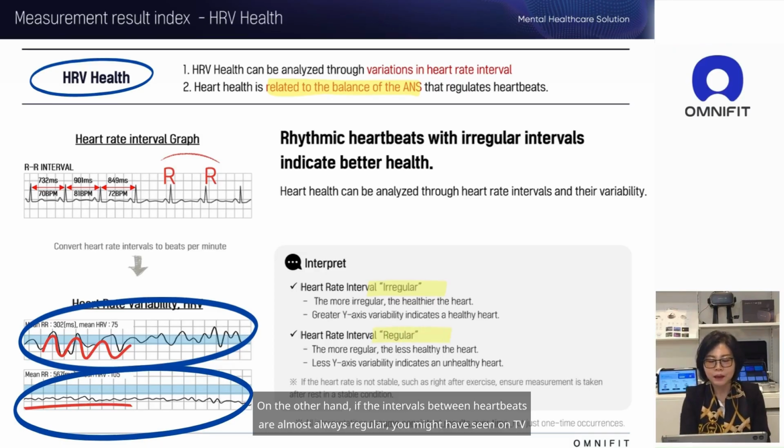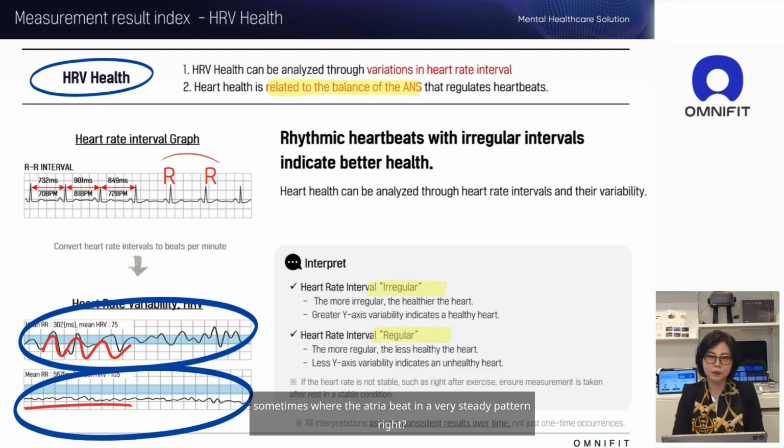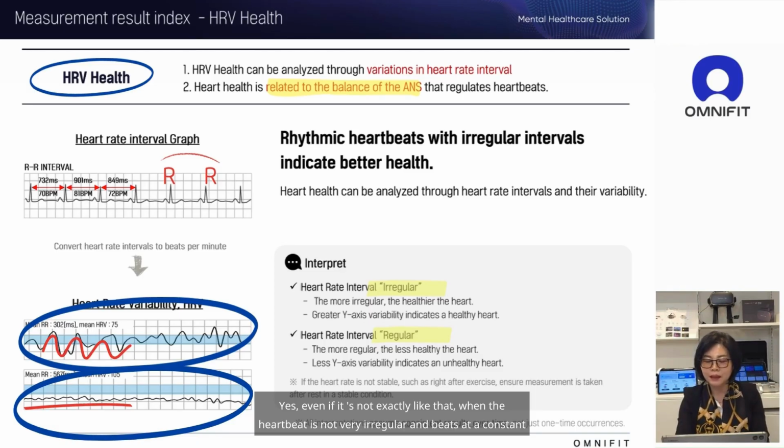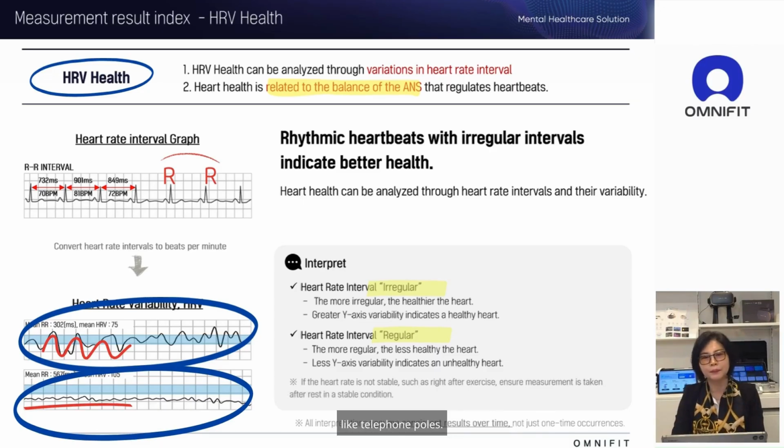On the other hand, if the intervals between heartbeats are almost always regular, you might have seen on TV sometimes where the atria beat in a very steady pattern, right? Even if it's not exactly like that, when the heartbeat is not very irregular and beats at a constant interval, later on, when you look at the histogram, the bar graph will also look almost like a straight line, like telephone poles.